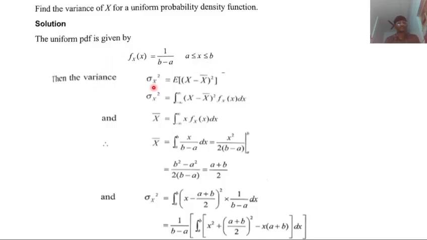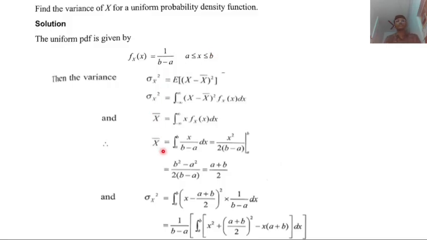Then the variance is sigma x square equal to E of (x minus x bar) whole square, which is the integral from minus infinity to infinity of (x minus x bar) whole square times f x of x dx. We don't know the x bar value, so x bar equal to the integral of x times f x of x dx, where f x equal to 1 by b minus a, with limits a to b.